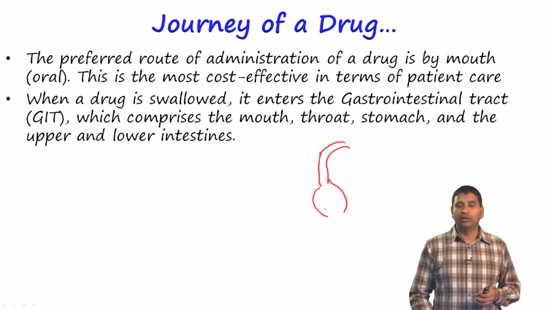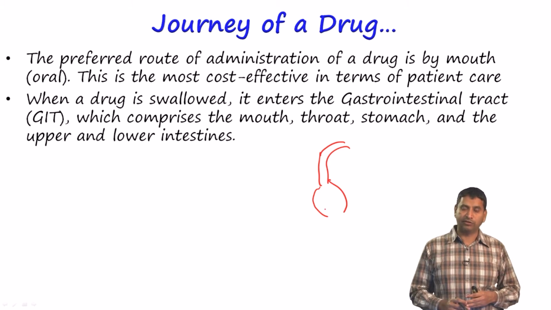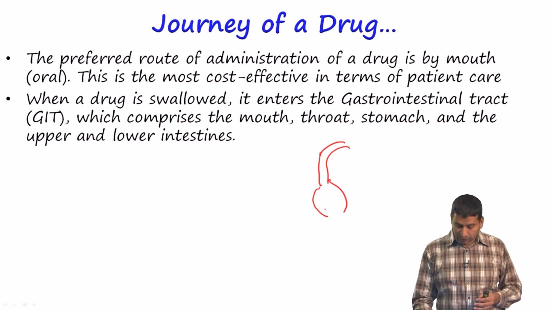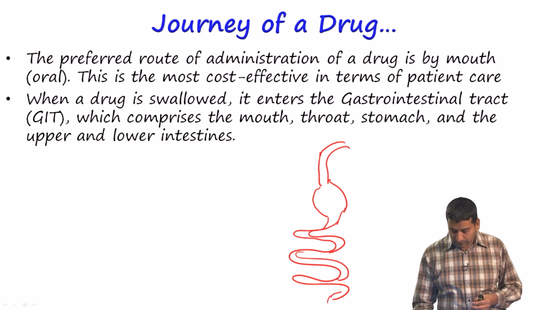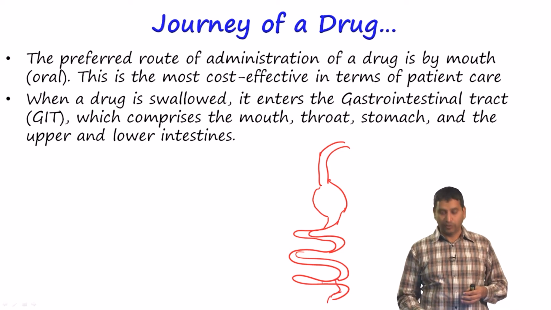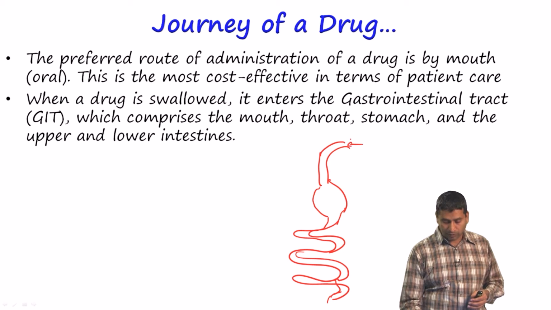This is just an approximate cartoon, it is not illustrative of the actual sizes of the stomach or the intestines and so on. After it reaches the stomach, it goes to the intestines, the long intestine and the short intestine, and then it is excreted. So, this is the journey of a drug. It starts from the mouth and goes in.